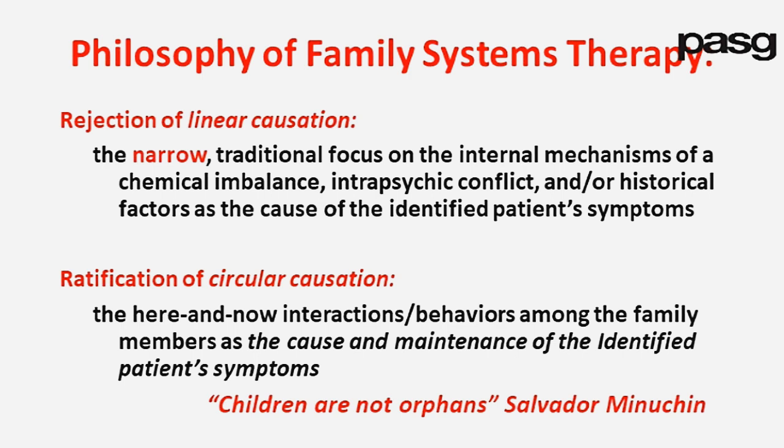Family therapy rejects this linear model and accepts instead a circular causation. That is, it's the here and now environment, the family interactional patterns that cause and maintain the identified patient's symptoms.